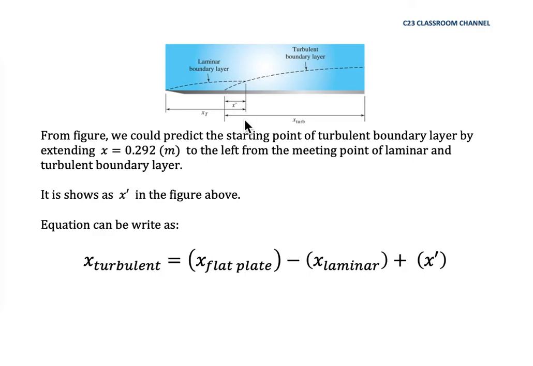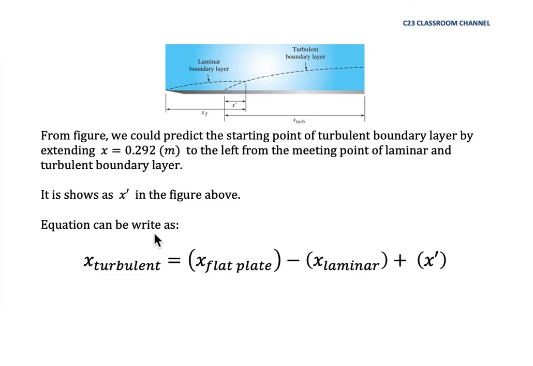So in this calculation, we denote this x equals 0.292 as x prime, meaning the distance from the merging point between the laminar and turbulent boundary layers to the starting point of the turbulent boundary layer, which is x prime, x dash here, 0.292 meters.